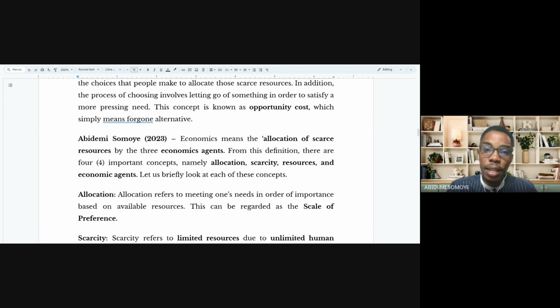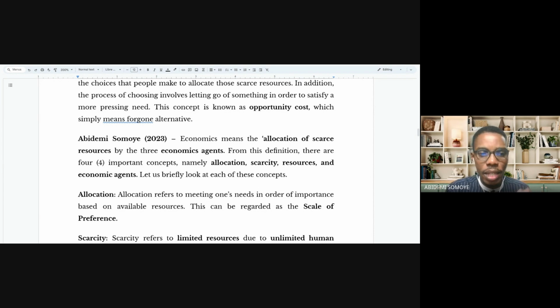And so from this definition, there are 4 important concepts. You have allocation, you have scarcity, you have resources, and you have economic agents. All right. So I've dealt with economic agents, individuals or households. I didn't mention firms. You have firms, and you also have the government.